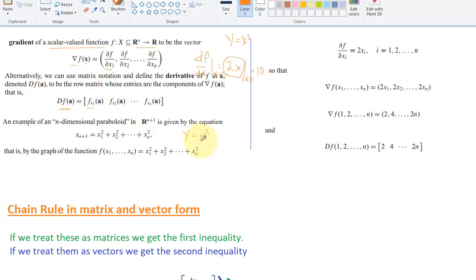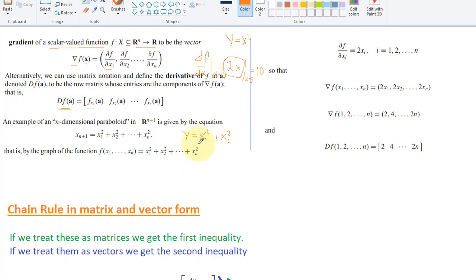Now if we have two input variables, then we'd have this plus the second one also squared in order for it to be called a paraboloid. If we wanted to continue with more than two input variables, we could keep going. As long as we follow this pattern, we're still going to call it a paraboloid, an n-dimensional paraboloid.